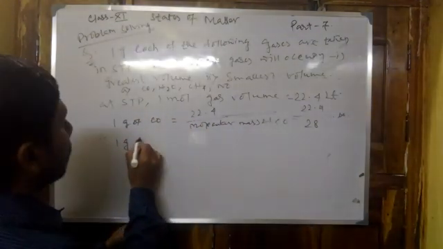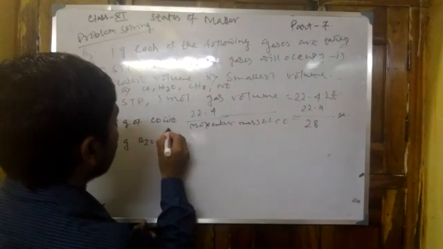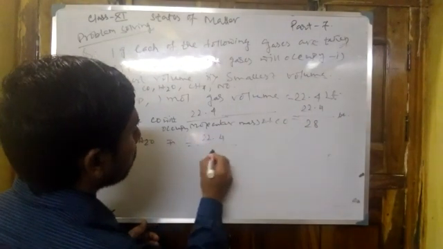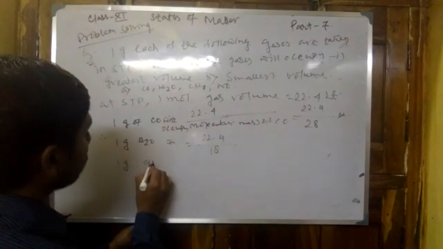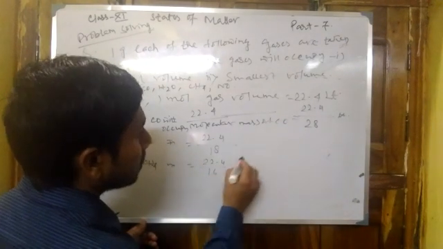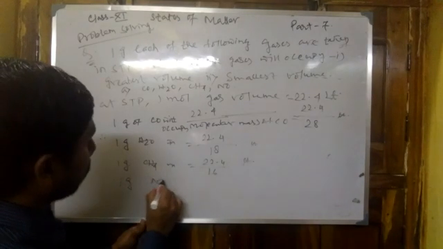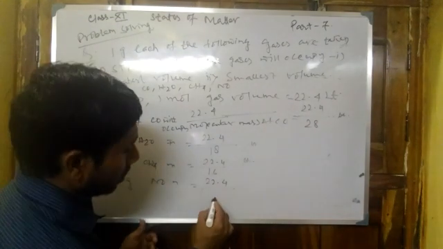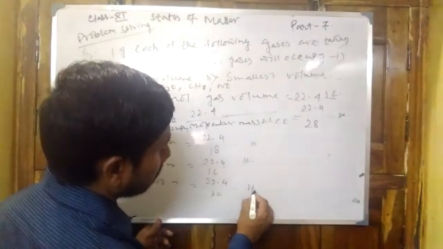So 1 gram H2O will occupy 22.4 divided by the molecular mass of water, that is 18. 1 gram of CH4 will occupy 22.4 divided by 16, and 1 gram of NO will occupy 22.4 divided by 14 plus 16, that is 30, at STP.